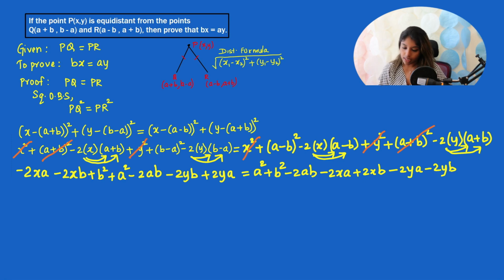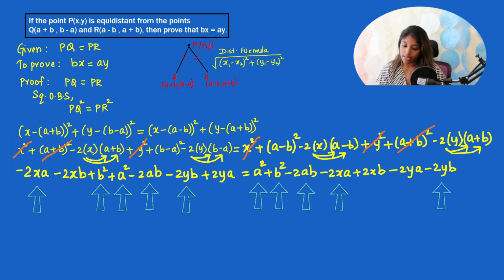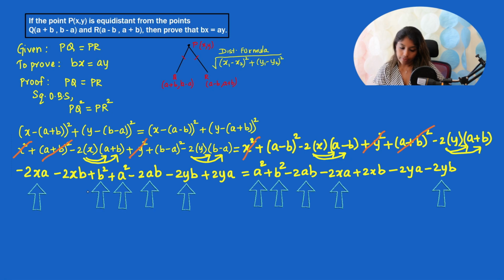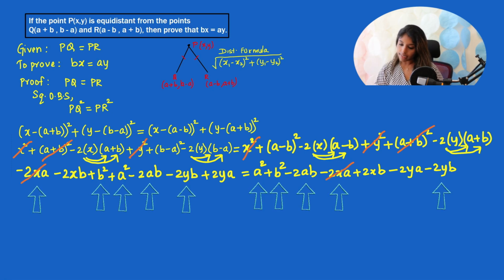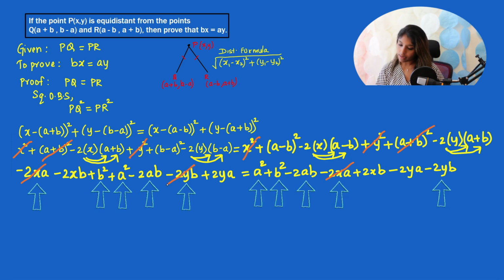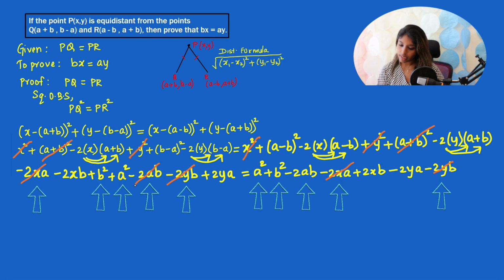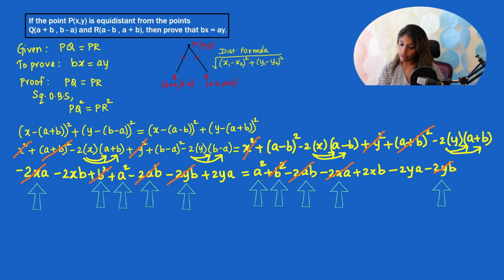Again, before proceeding, just check if there is anything that can be cancelled. So I have a negative 2xa, negative 2xa. And then we have negative 2yb and a negative 2yb. We have a negative 2ab, negative 2ab, positive b², positive b², positive a², positive a².